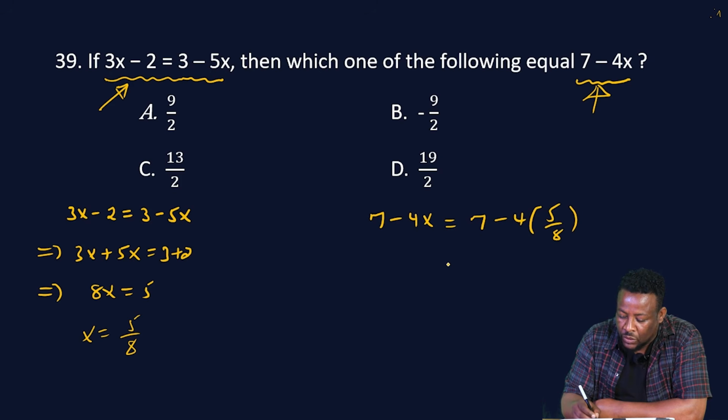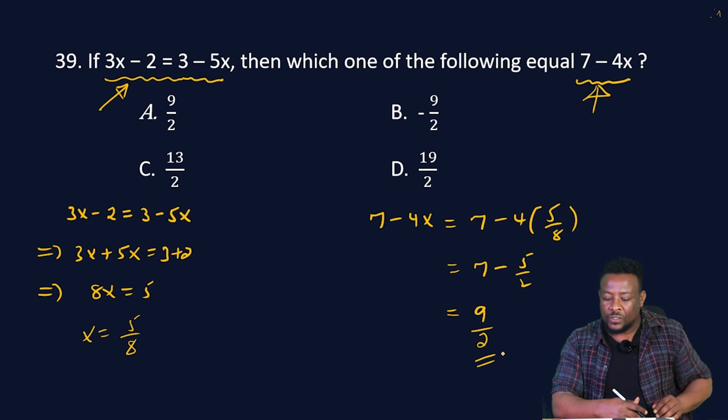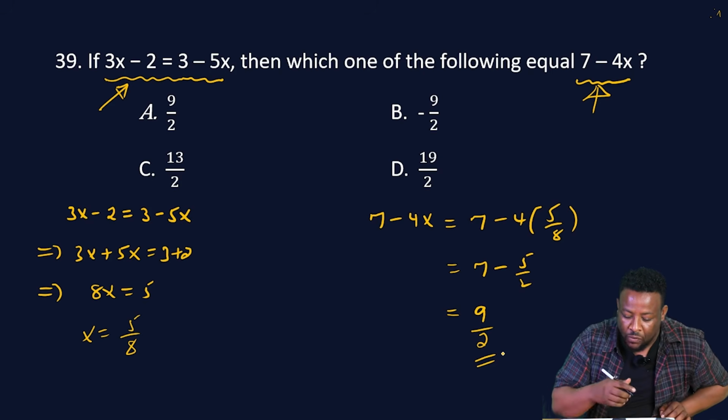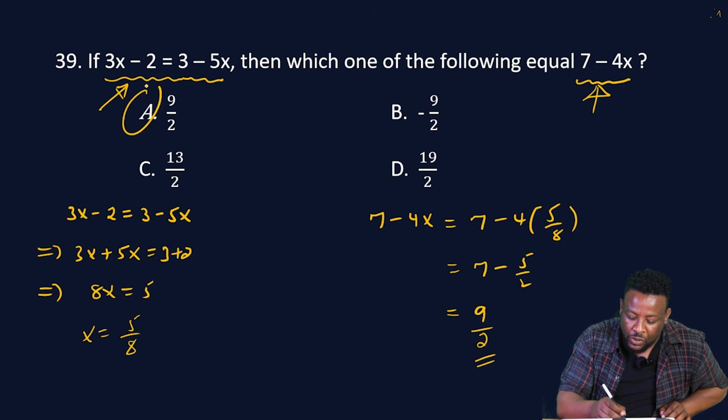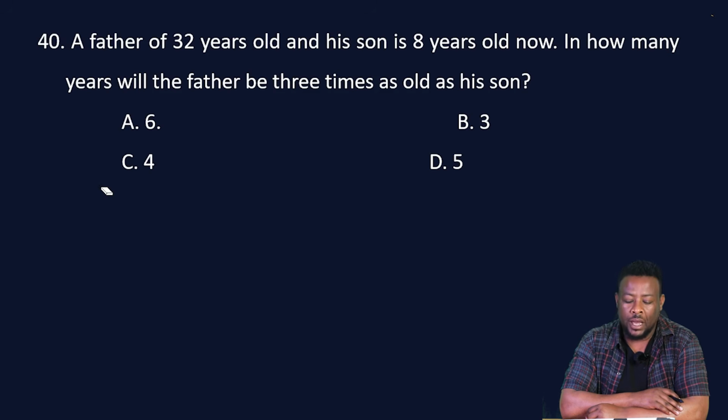This is the same as 7 minus 5 over 2. Crisscrossing, we obtain 9 over 2. So the value of 7 minus 4x is 9 over 2. Therefore, the answer for question number 39 is A.